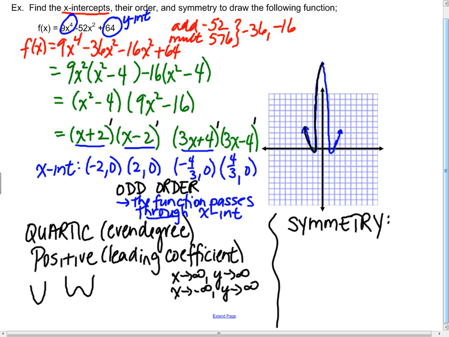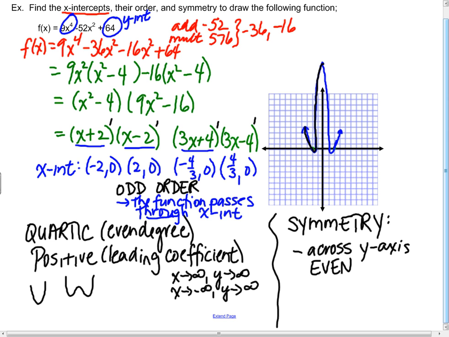So they should look the same on the left and the right, or at least so it appears. If it is balanced across the y-axis, so symmetry across y-axis, we call that an even function. That's different than even degree.